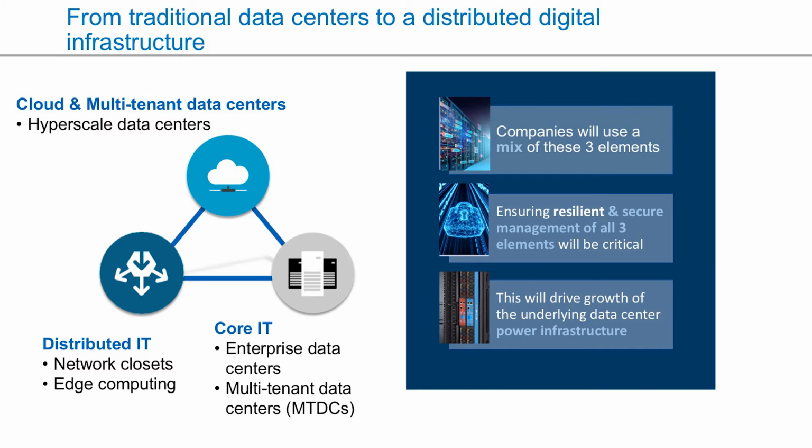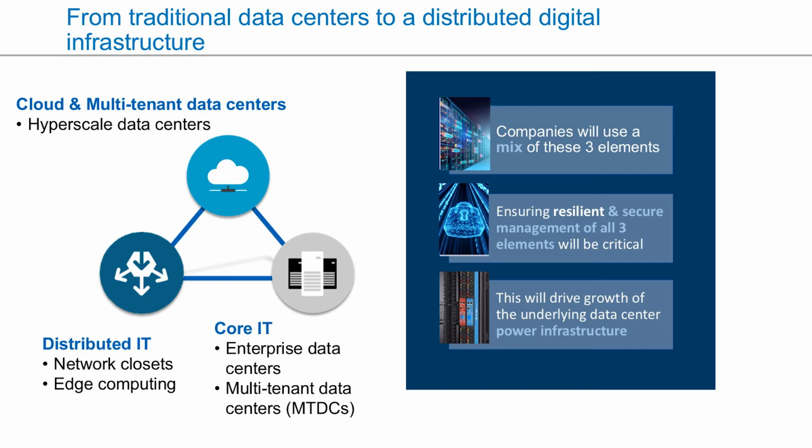At the lower level, we have distributed IT, we have network closets, we have edge computing, in each rack, very dense computing of data, either from an enterprise data center or a multi-tenant data center where you're going to have even more data flowing. And finally, the core IT, which is the data center itself and what it represents.